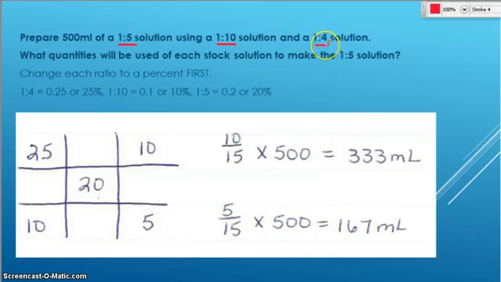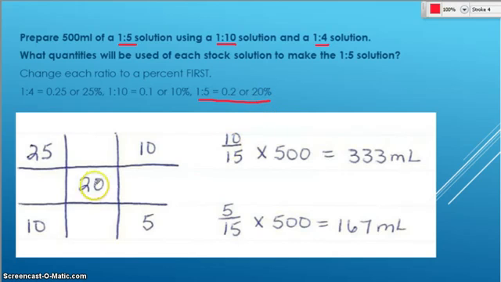Remember, to change a ratio to a percent, we're going to divide the top by the bottom and then multiply by 100. So we did that first. So I changed each ratio to a percent. Once I did that, then I went and put the percents into the grid. It'll make things a ton easier for you. So the 1 to 5 is what we were preparing.